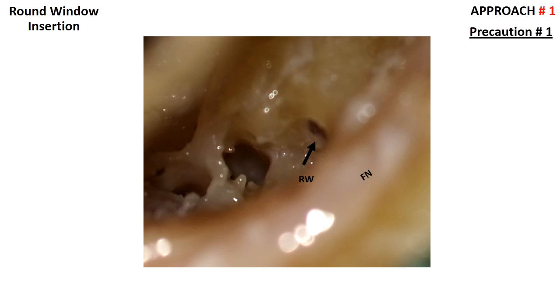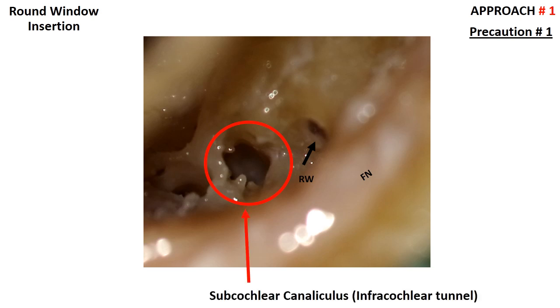In the approach of round window, there are several precautions. Precaution 1, sometimes we mistake a cavity for the round window membrane going to the scala tympani. In fact, this is not the case, and this is what we call the subcochlear canaliculus or the infracochlear tunnel.